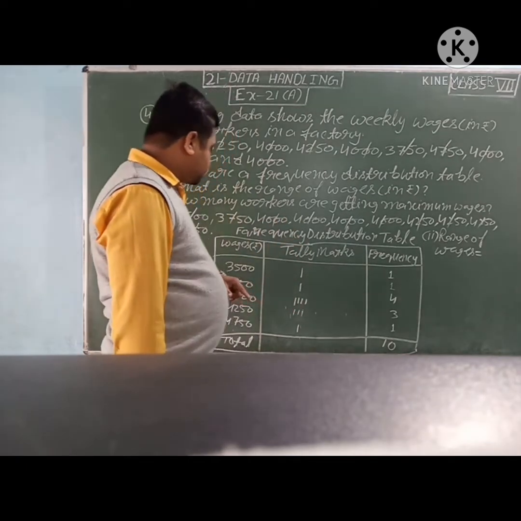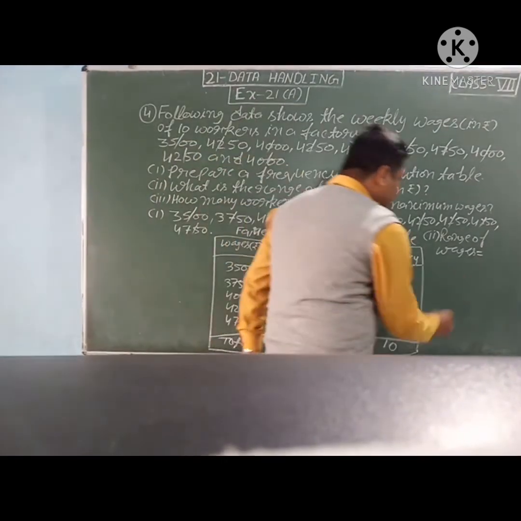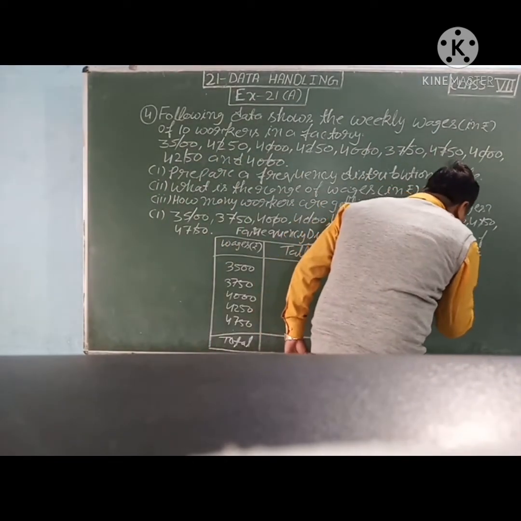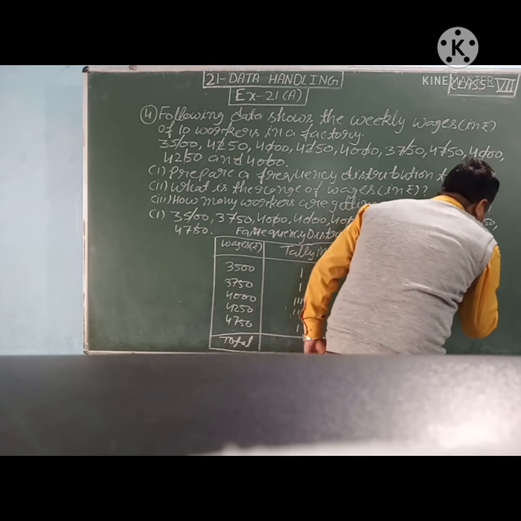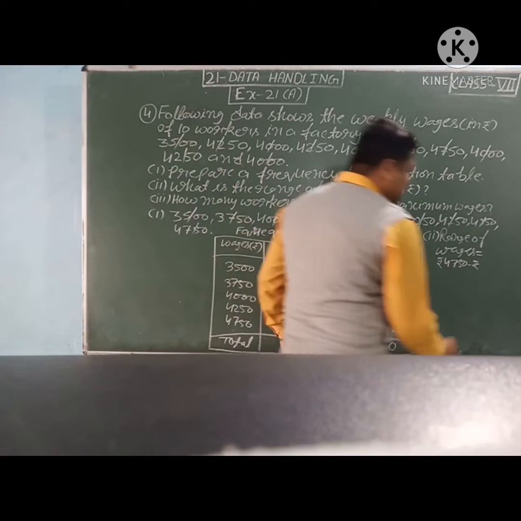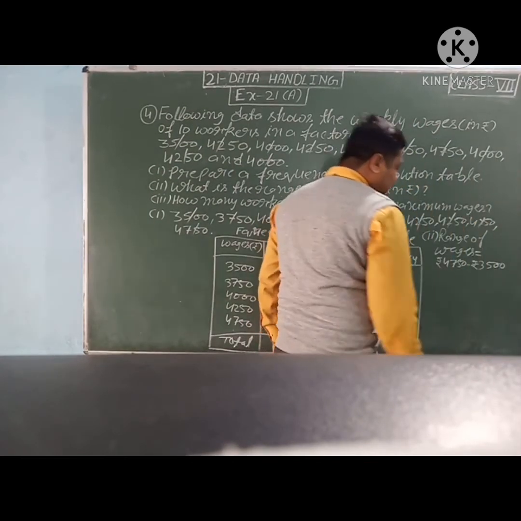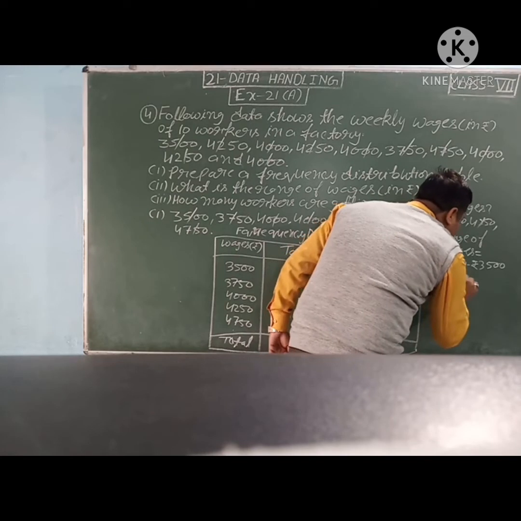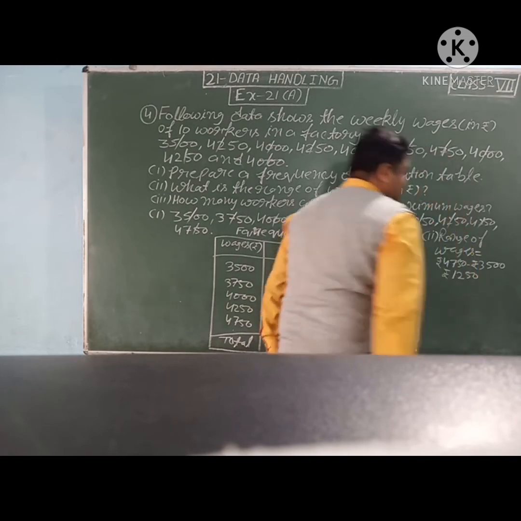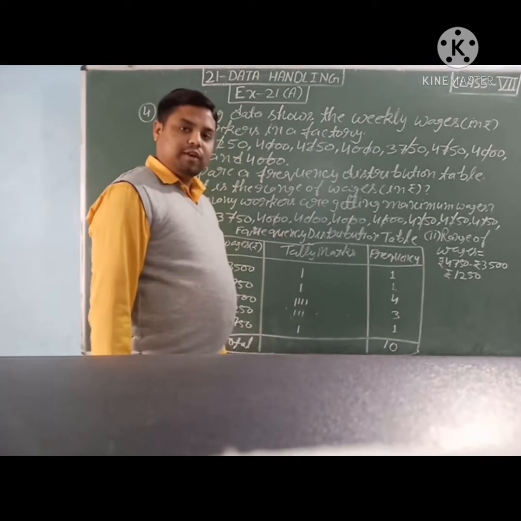So largest wage is 4,750 rupees. 4,750 minus, smallest, 3,500. So what we will get? Rupees 1,250. So range of wages is coming rupees 1,250.